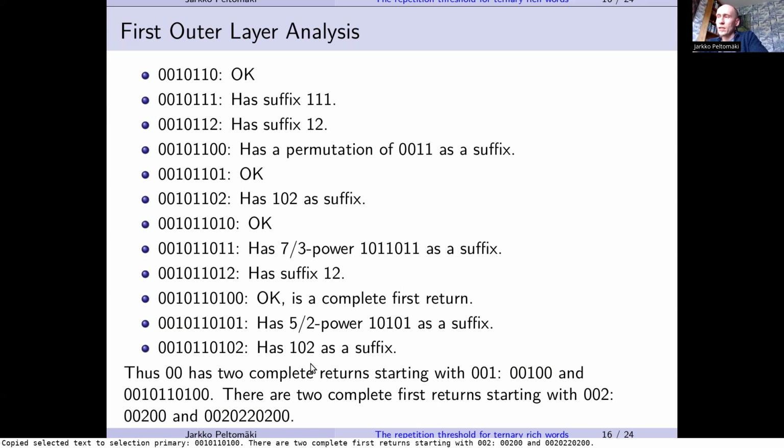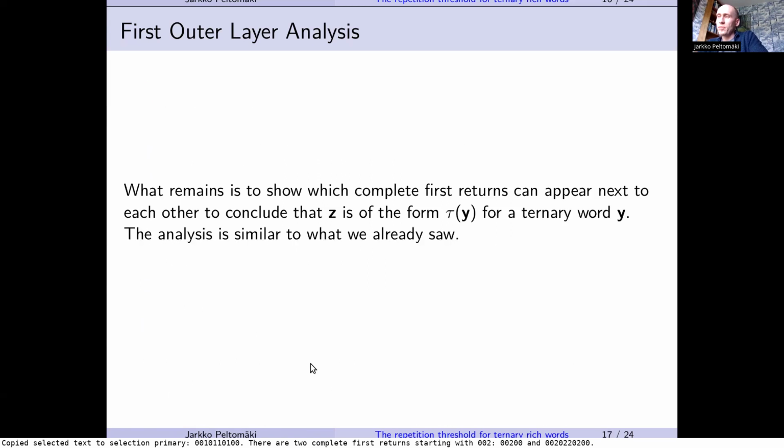And this is pretty much as far as I'm going to take this today. But what you would need to do next is, because we want to desubstitute with this transducer tau, you also need to know what kind of first returns to 0, 0 can appear next to each other, and you need to forbid certain kinds of configurations.